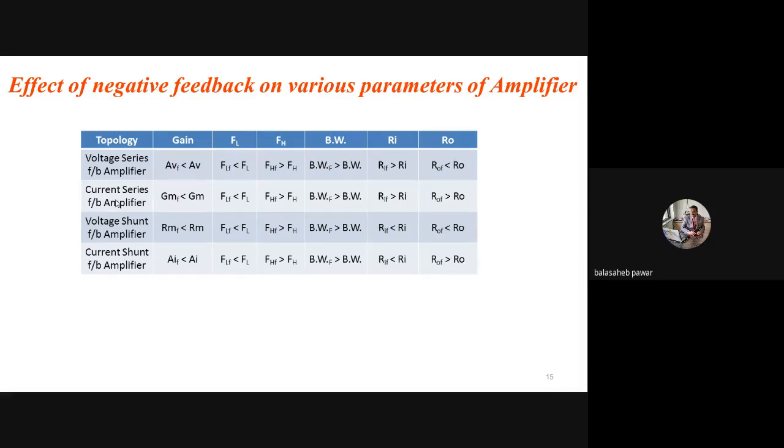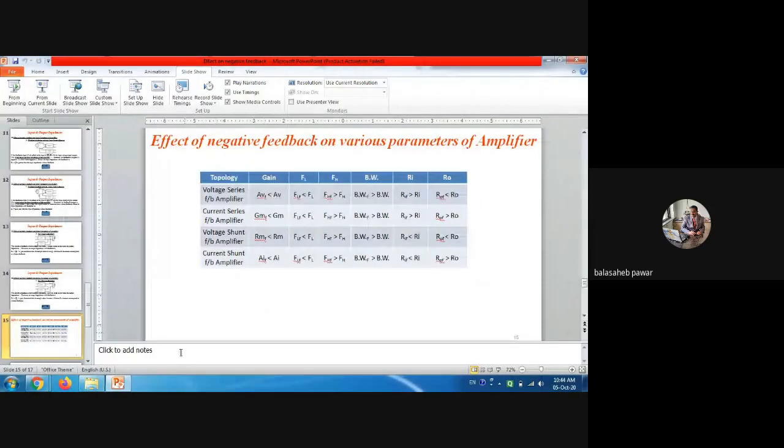Or are you getting confused? Shall I explain it again? Please explain, sir. Okay, good. Our second topology is the current series feedback amplifier. Shall I use the blackboard? Just wait, I will use the blackboard so that it will be somewhat more clear to you.